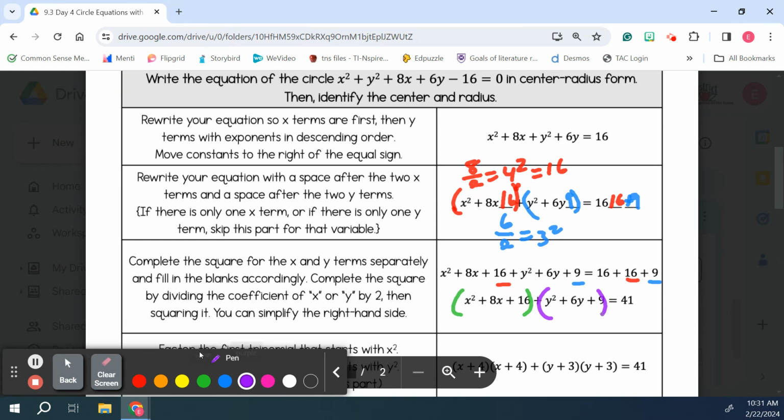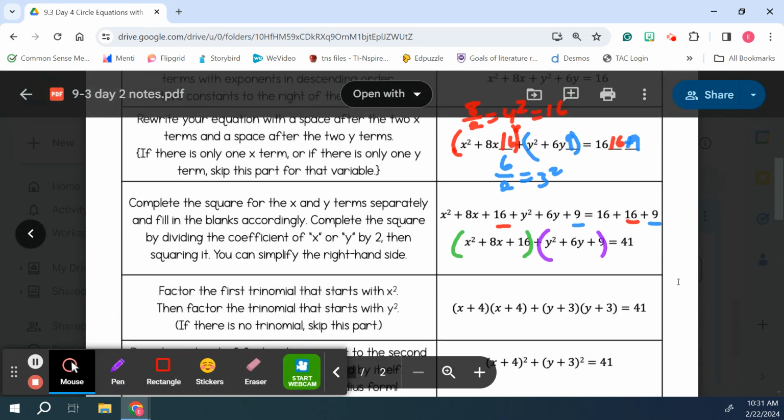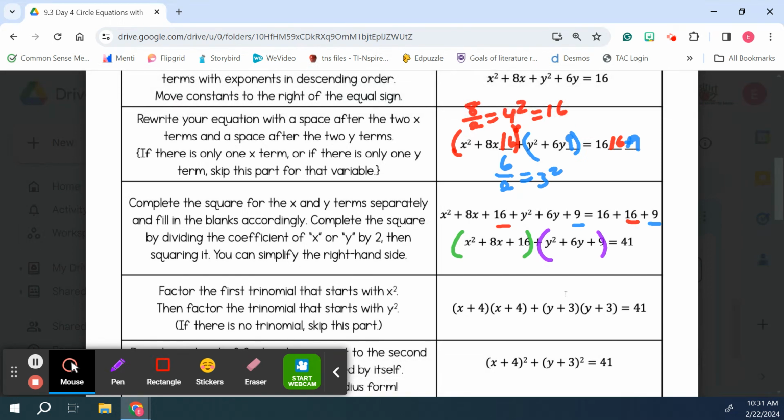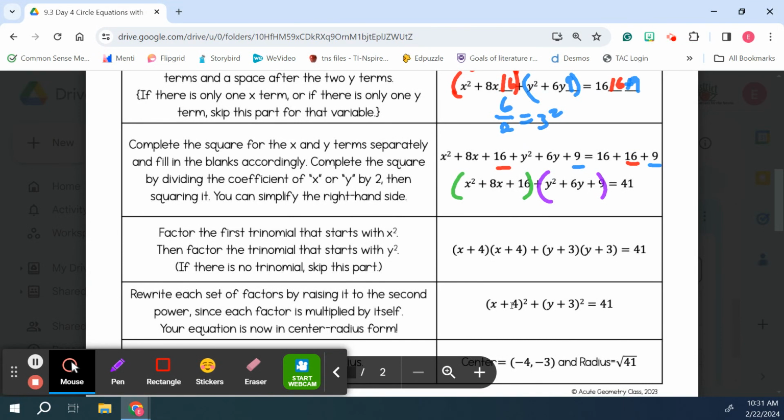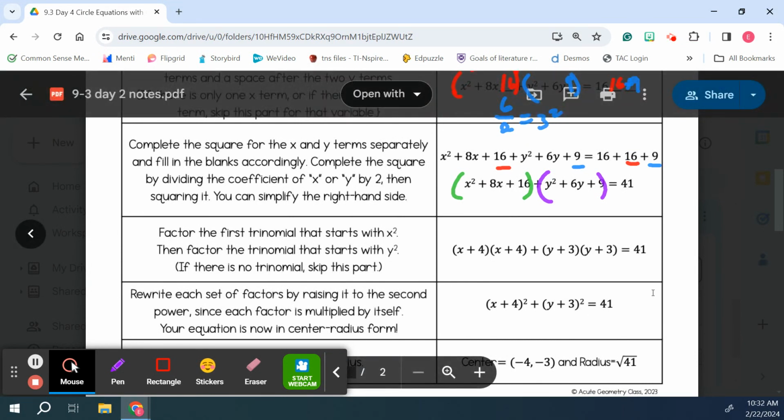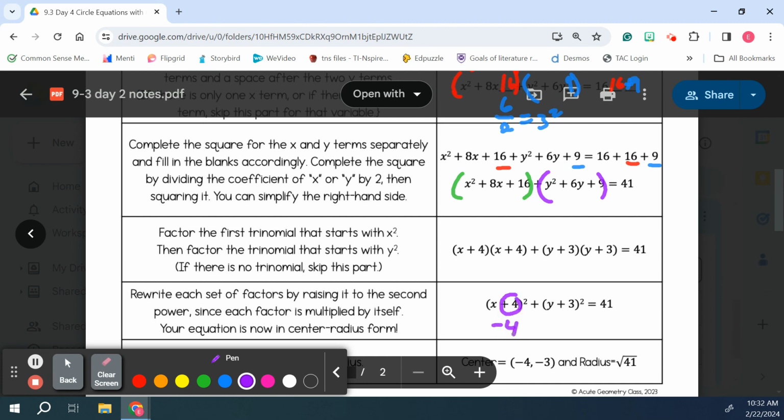So that's where we get x plus 4 times x plus 4, plus y plus 3 times y plus 3, or we just state it's x plus 4 quantity squared, and y plus 3 quantity squared equals 41. So again, when we identify the radius, this is just a refresher, we think opposite. So this is the negative 4, this is a negative 3, and we're taking the square root of that.